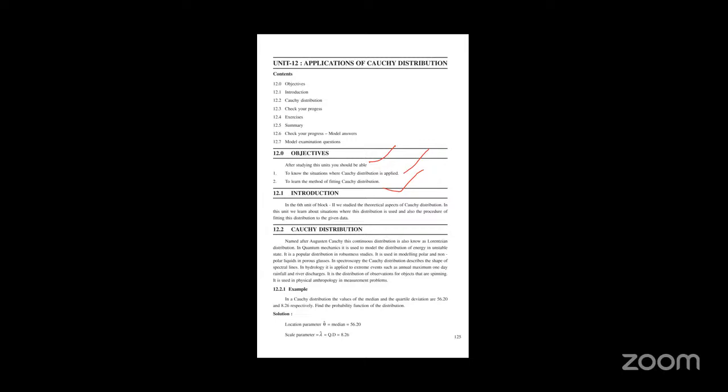Coming to the Cauchy distribution, named after Augustin Cauchy, this continuous distribution is also known as the Lorentzian distribution. In quantum mechanics, it is used to model the distribution of the energy in an unstable state. It is a popular distribution in robustness studies. It is used in the modeling of polar and non-polar liquids and porous glasses.